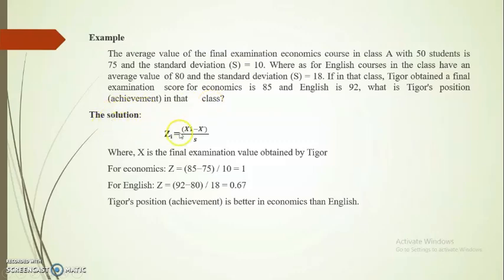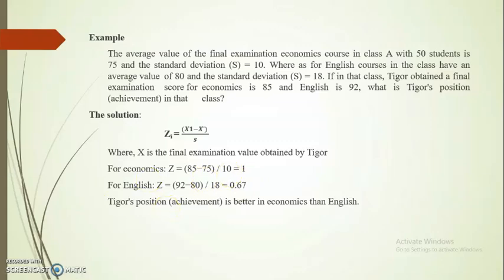Okay, the solution: we use the standard value formula, zi equals (xi minus x bar) divided by s, where x is the final examination value obtained by Tigor. For economics, the standard value is 1, and for English, the standard value is 0.67.